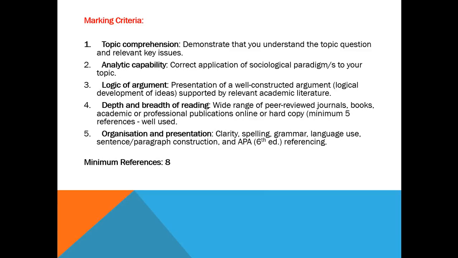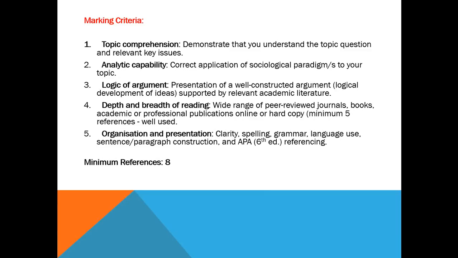The middle criteria here I'm addressing last, because in my mind, criteria 3 really ties everything else together. It's unlikely that you'd be able to get a good mark in criteria 3 if you haven't also gotten a good mark in 1, 2, 4, and 5, and vice versa. The logic of the argument is really how well does this all fit together?